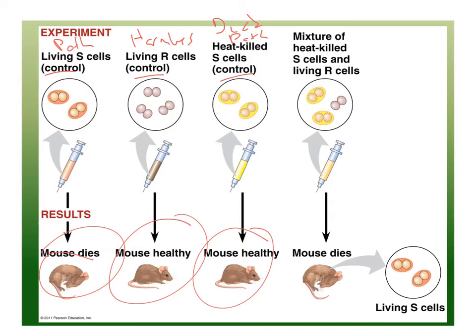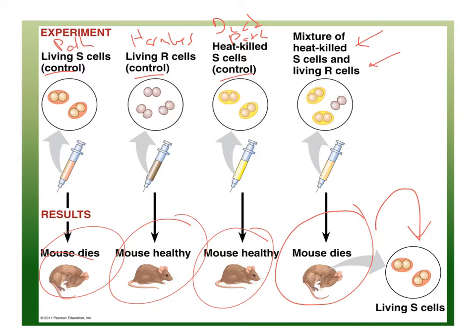But check out this last group. A mixture of dead harmful ones and living harmless ones actually killed the mouse. And what's more is that when he performed a little Mickey Mouse autopsy, he was able to culture living pathogenic cells from the lungs of these mice.